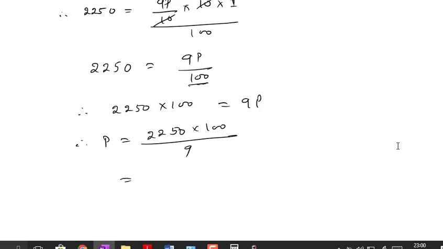Now 2 plus 2 is 4, 4 plus 5 is 9, so this 2250 will be divisible by 9, so I will divide. 9 1s are 9, 9 2s are 18, 18 plus 4 is 22, 9 5s are 45. So this is 250 multiplied by 100. So this gives us 25,000.